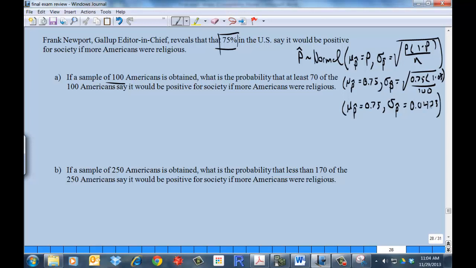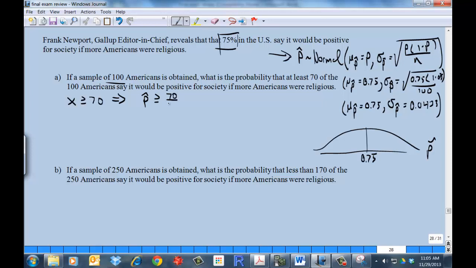Okay, so this is our picture. This is what we're going to draw: a non-standard normal curve with a mean of 0.75, and then we want to locate our boundary point. So x is at least 70 implies p hat is at least 70 over 100, or 70%.